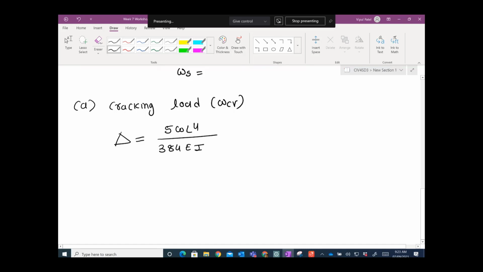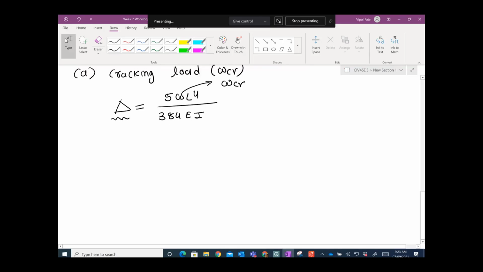Now in that equation we can find the deflection and replace this one by W crack, right? That is the load that we need to find. So that is W crack.